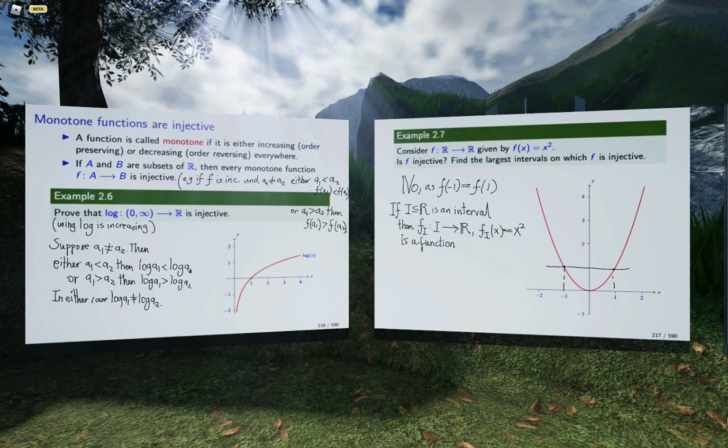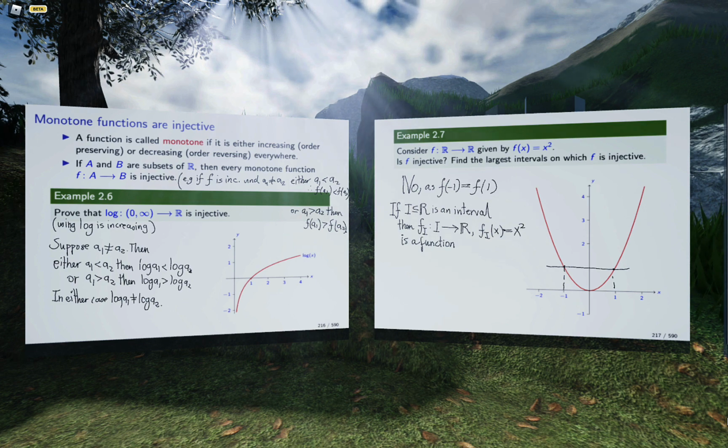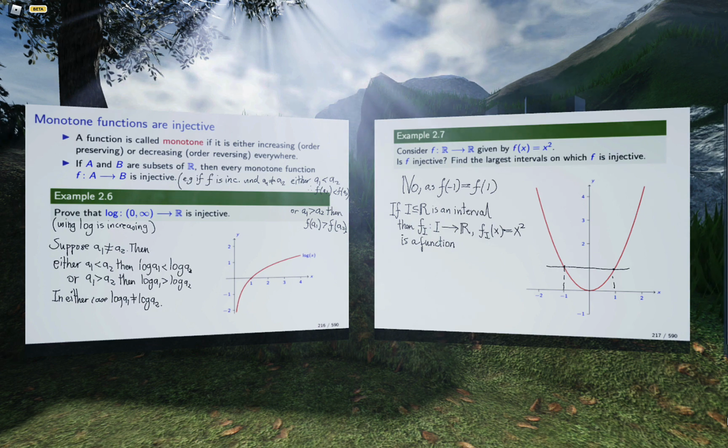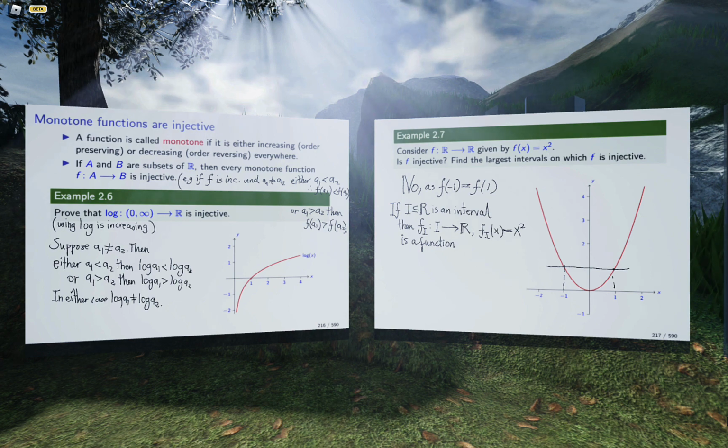That A1 and A2 are in A. And similarly here. Right, the condition says that for all pairs A1 and A2 in A, something, something, something. So it's got to do with A. So it's a property of F, the rule, of course, but also of A. B isn't really very important.